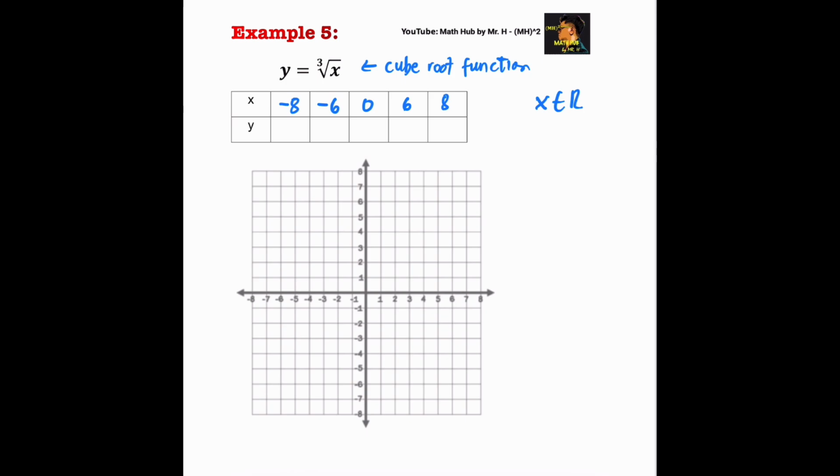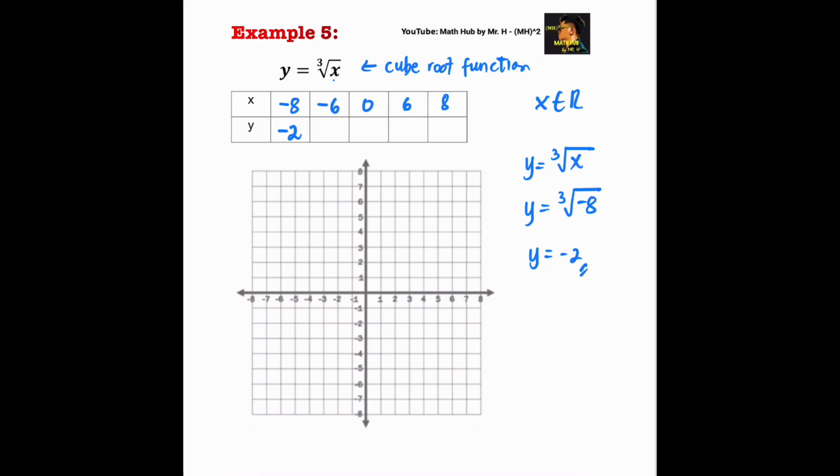So if x is negative 8, we plug in. So y equals cube root of x. If x is negative 8, the cube root of negative 8 is negative 2, right? Because negative 2 times negative 2 times negative 2 is negative 8, which is the opposite process.